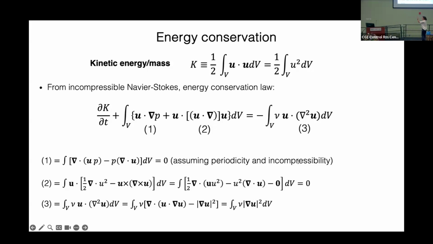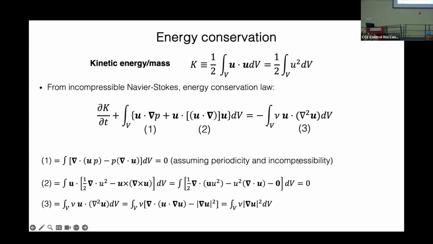From your toolbox of algebra, vector operators and theorems, you can manipulate 1 and 2 and transform them into volume integrals of divergences. Then you assume periodicity, so there is no net effect from the fluxes at the bounding surface.